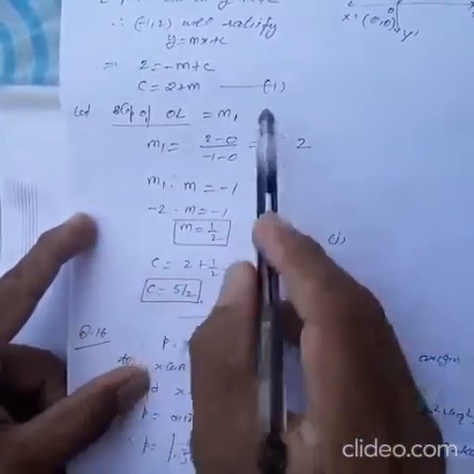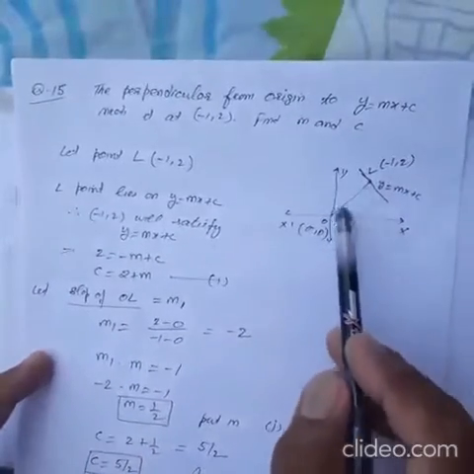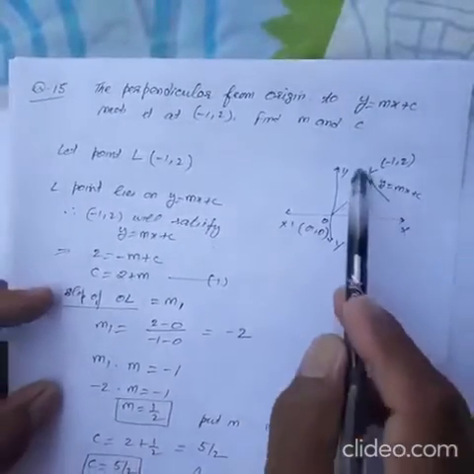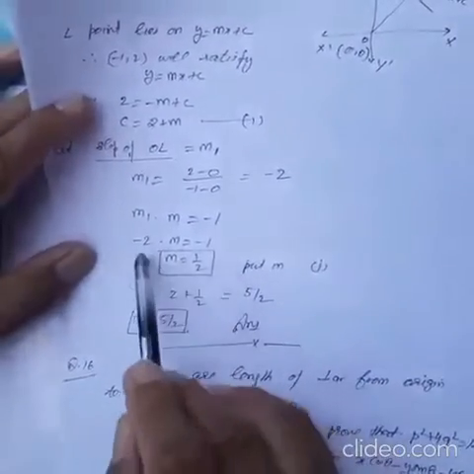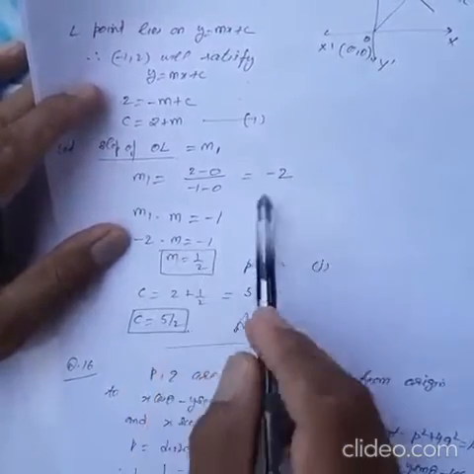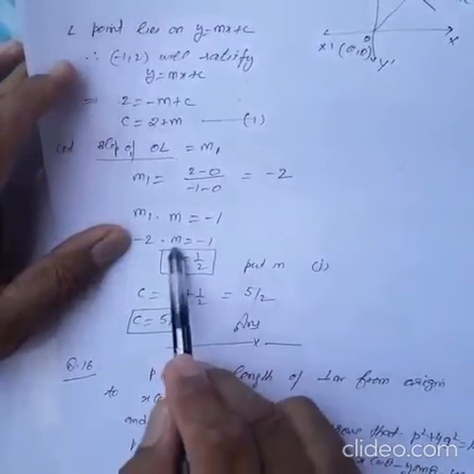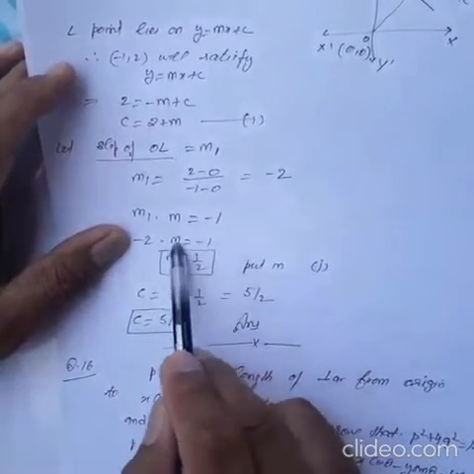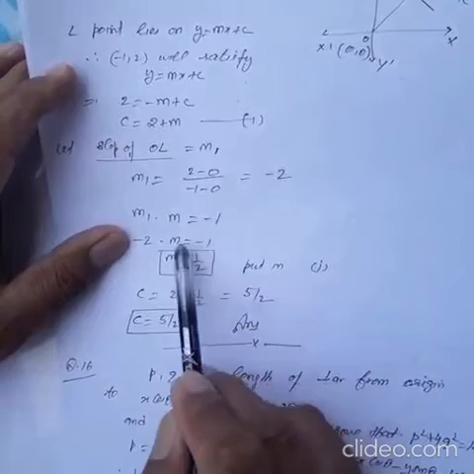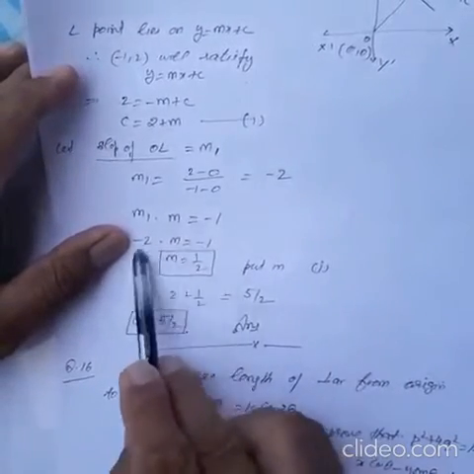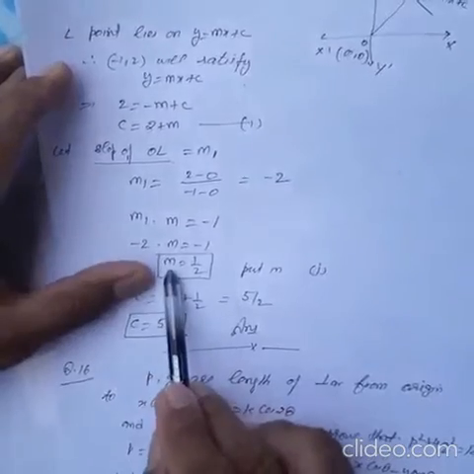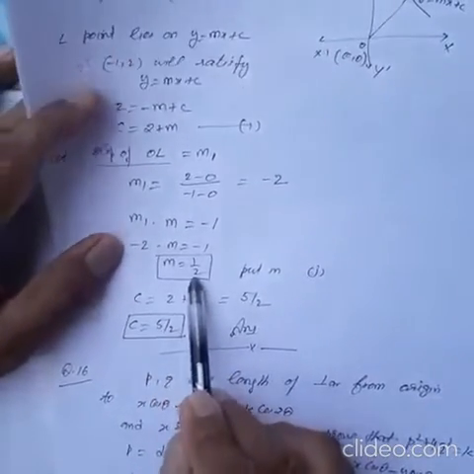Now the product of the slope of OL and the slope of the given line should be -1. So -2 times m is equal to -1, where m is the slope of the given line. Find the value of m from this equation. So the value of m is 1/2.